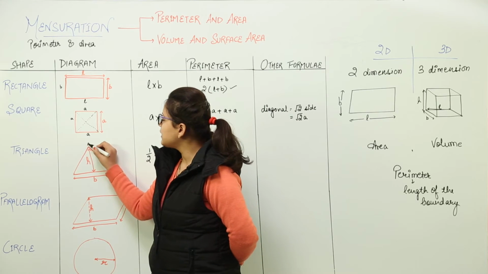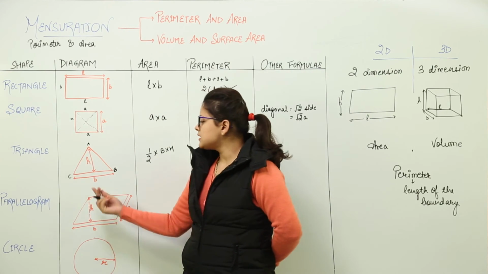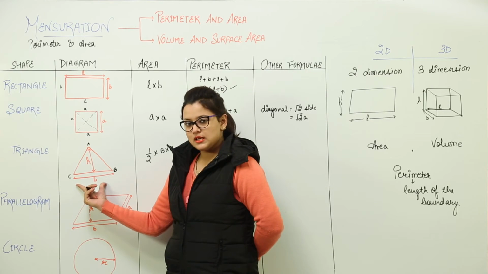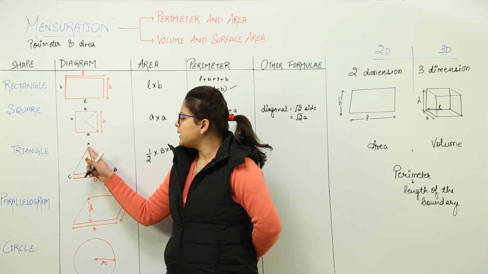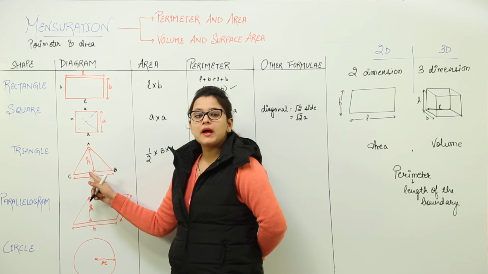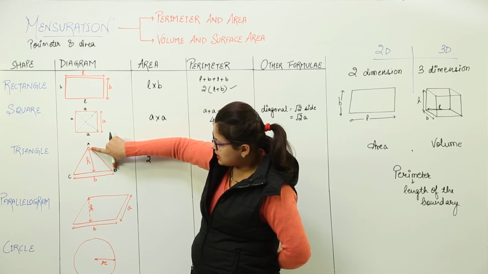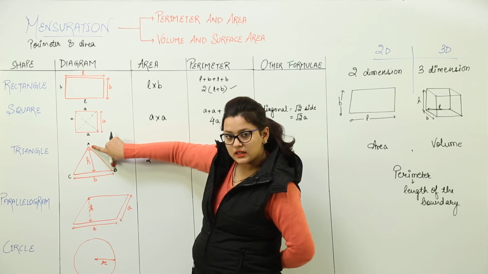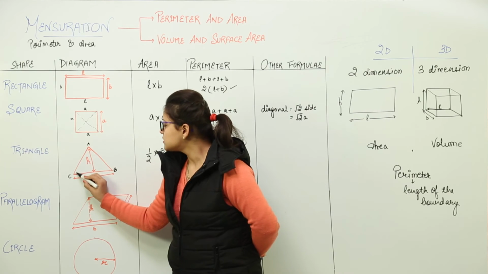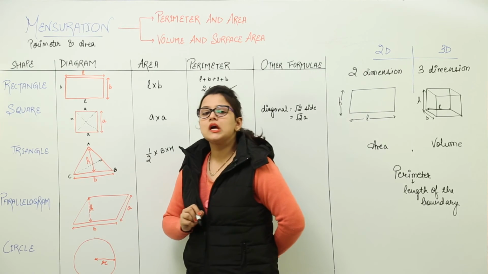For example, I am naming it A, B and C. If I am taking BC as the base, then the perpendicular from A to BC would be my height. But if I had taken AB as the base, the height would have been this way, right? The perpendicular from C on AB would have depicted my height.